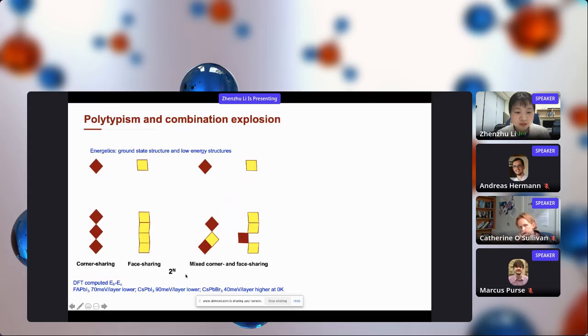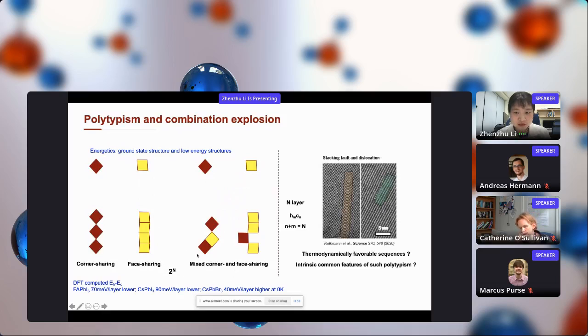So considering the small energy difference and also some experimental findings, the questions we want to answer are, firstly, what are the exact stacking sequences that are thermodynamically favorable, and is there any intrinsic common feature of such polytypism?